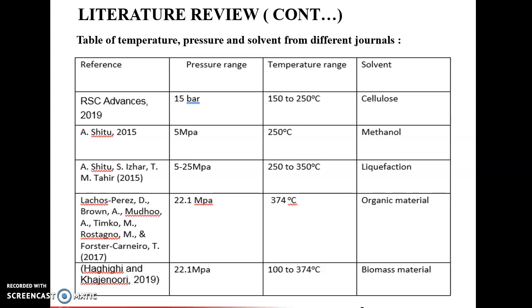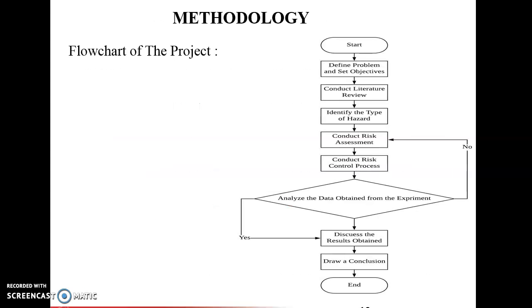The fourth one, the pressure is 22.1 MPa, and the temperature is 374, and they use organic materials. And the last one, they use the pressure 22.1 MPa, and the temperature from 100 to 374 degrees Celsius, and the solvent is biomass material.